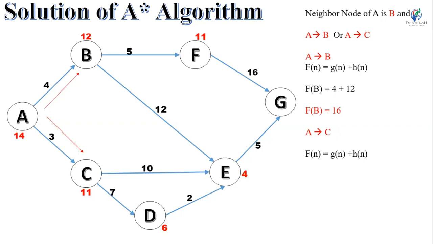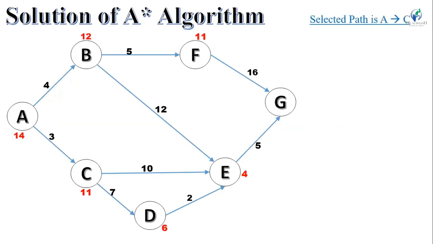Putting these values in the equation, the cost of C is 14. Now we can see the cost of C is less than the cost of B. So we select the A to C path to reach the goal state.